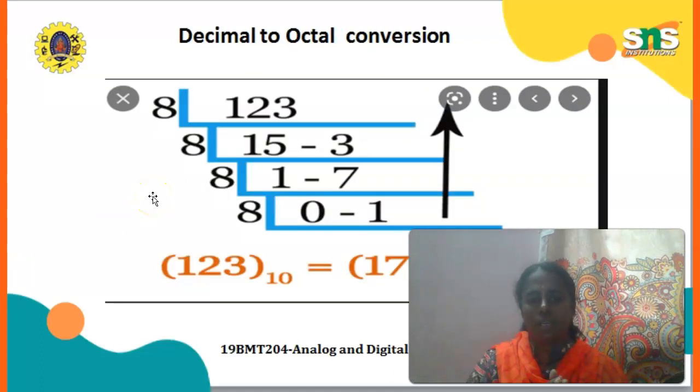Okay, let us see decimal to octal conversion. What do we mean by a decimal number?